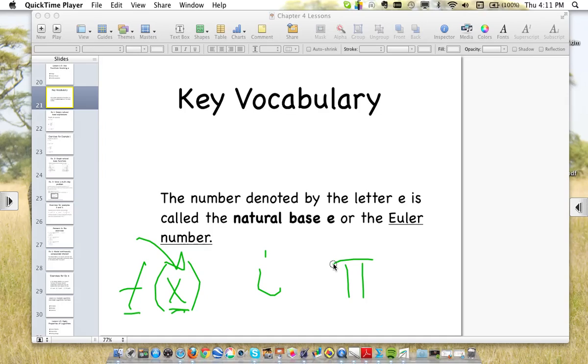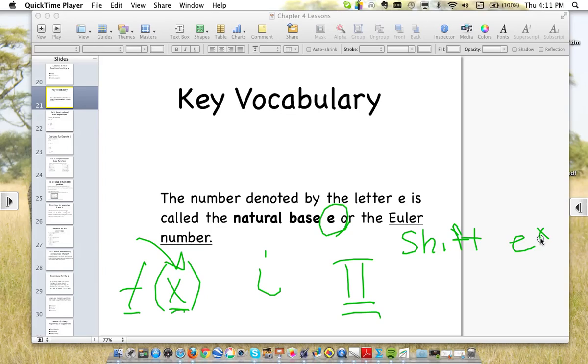One thing I want to make clear about the Euler number is that e is a number. Like pi, it has a set value, all right? And on your calculator, in order to see it, you'll need to hit Shift, and then you'll see e to the x power, all right?